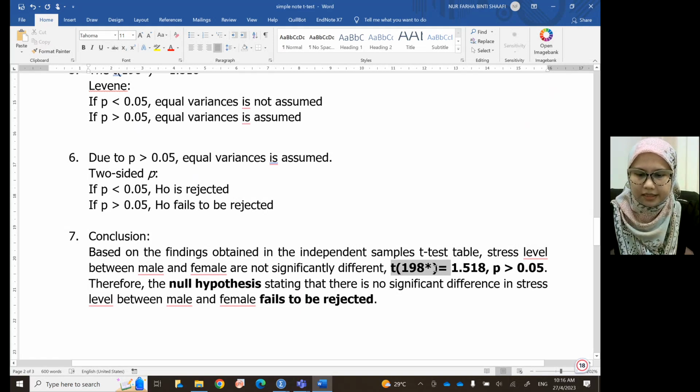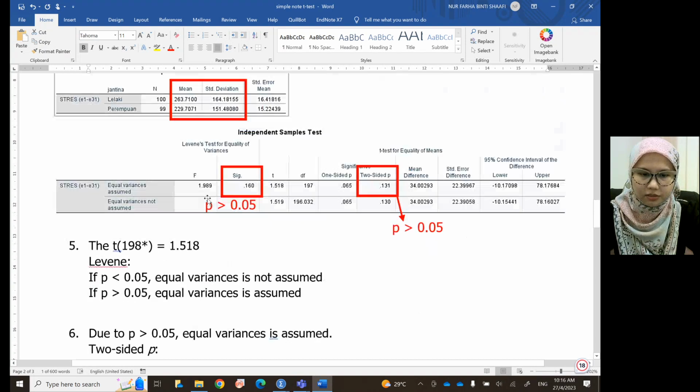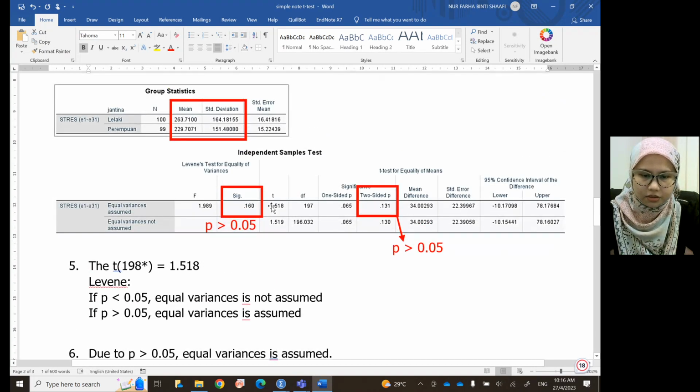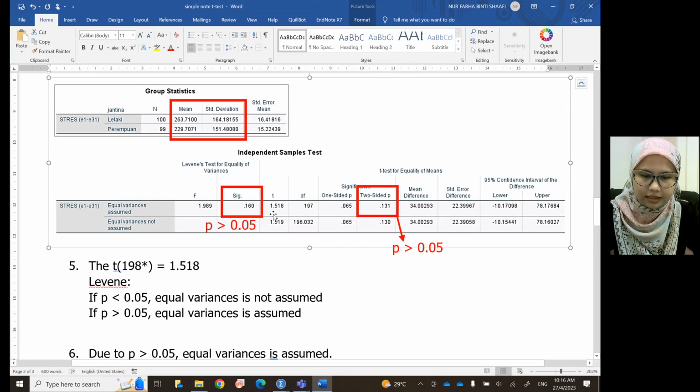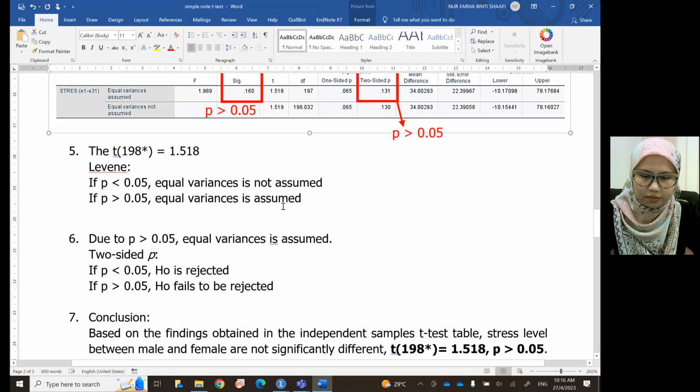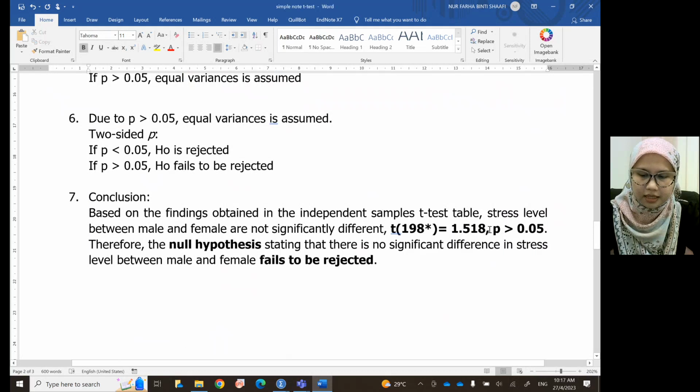T in the bracket of 198 equals, your T value is 1.518. Where did you get this value? From your table just now, this one. You just copy and paste in your report.